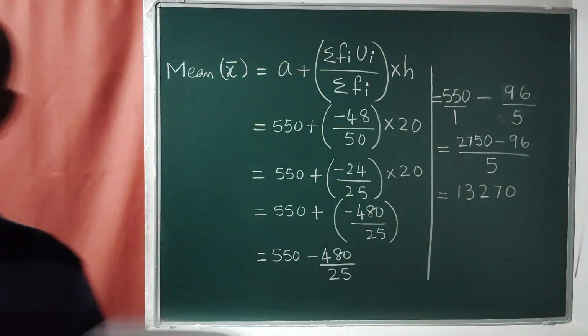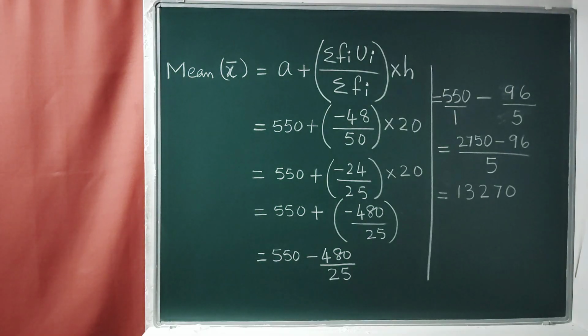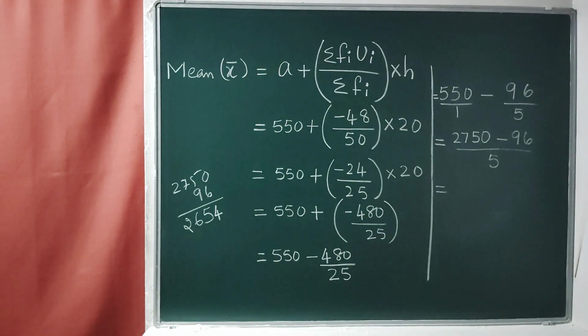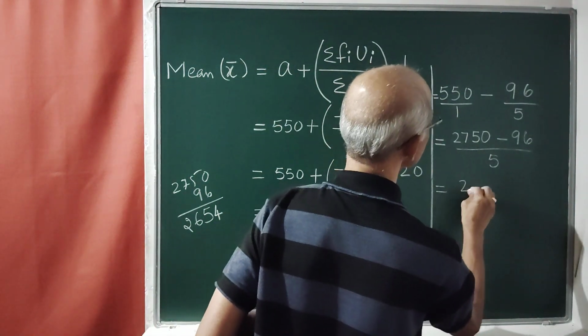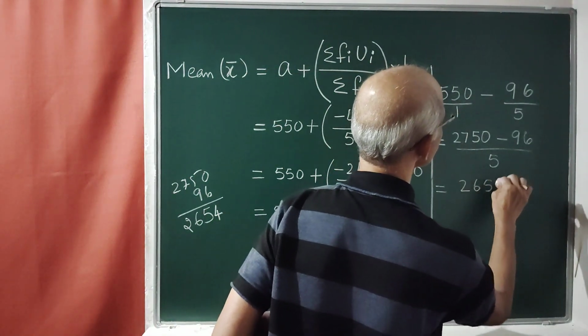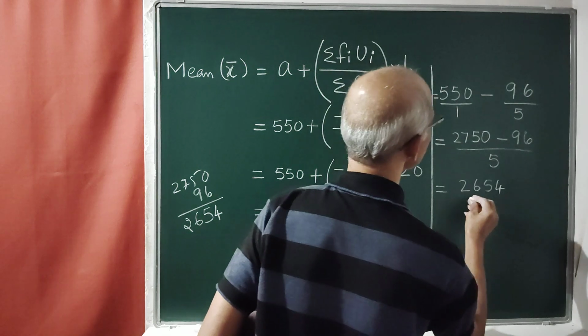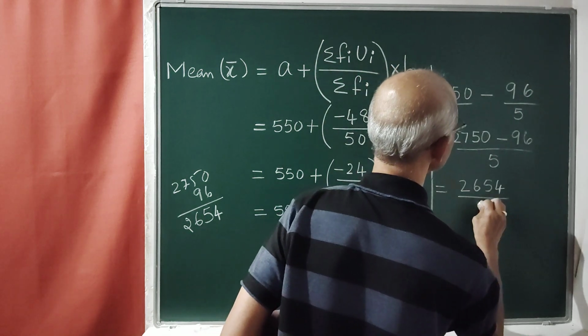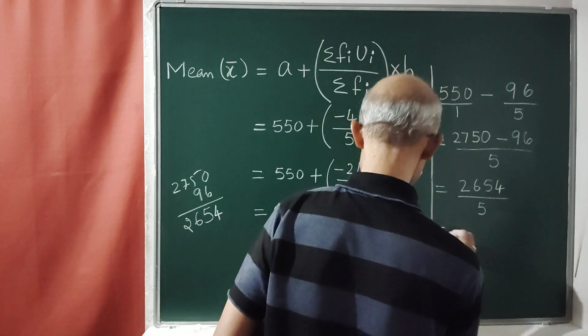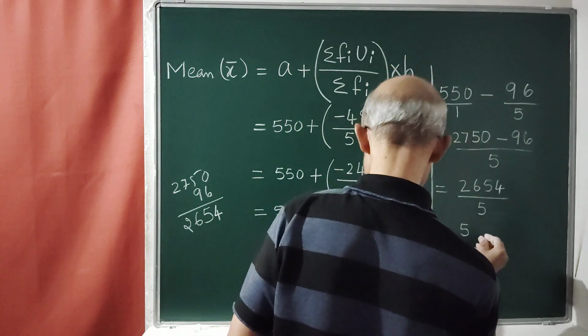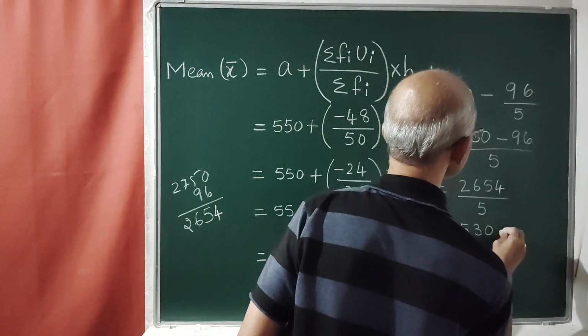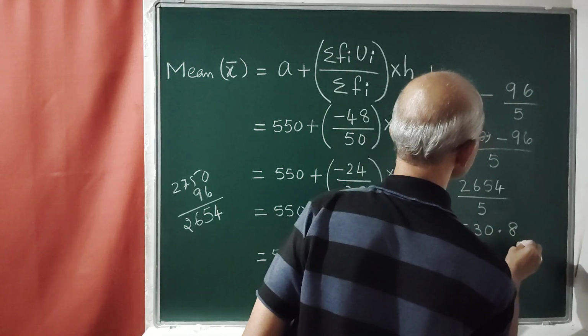It's completely wrong. So here you will get 2654 by 5. We divide it, we will get 530.8.